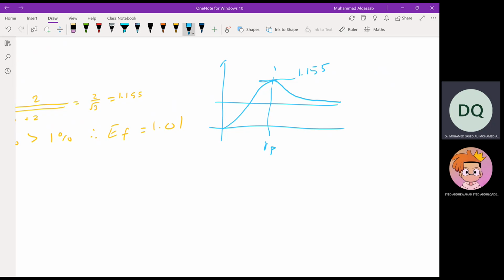This is the error factor. So 1.01 is somewhere here, and 0.99 is somewhere here. So we cannot take 0.99 because this would include regions of the range in which the error is greater than 1%. So in this case we use error factor equal to 1.01.